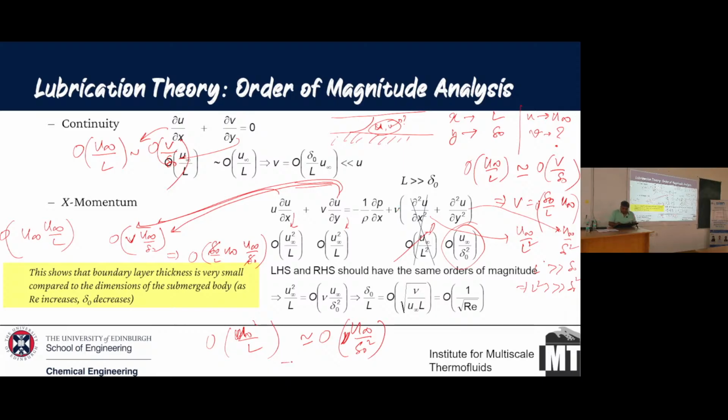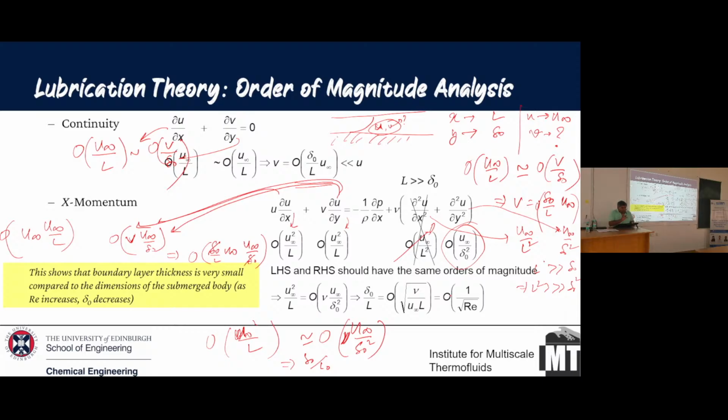From here, what I will be getting is a ratio of delta naught by L that is similar to 1 over the square root of the Reynolds number. So very simply, if someone asks you what the boundary layer thickness is at a given Reynolds number, just take the square root of the Reynolds number and invert it. That might be a very approximate, even bad value, but it's a good starting point to begin with. So delta naught is that.